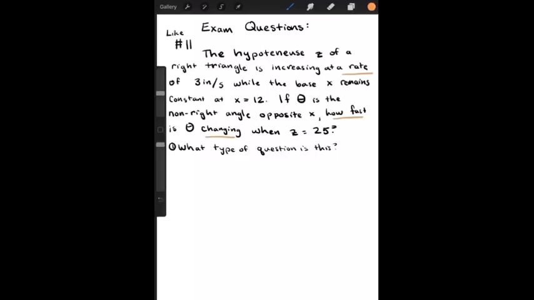So anytime we have a setup like that, we're looking at a related rates problem, or at least we probably are. So we've got a related rates problem. We know one rate. We know the rate of z. And we want to know the rate of theta.